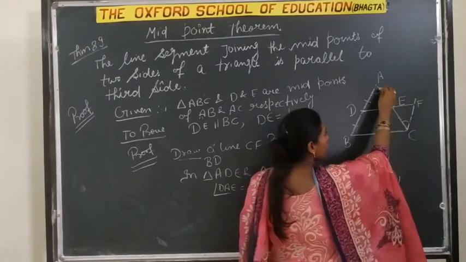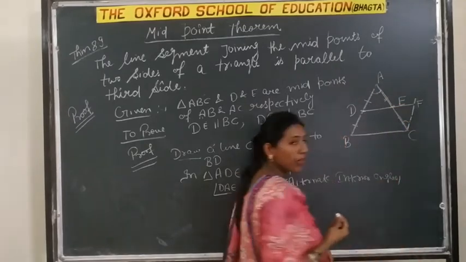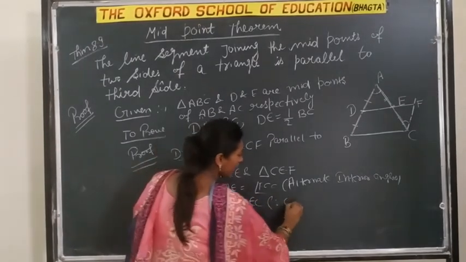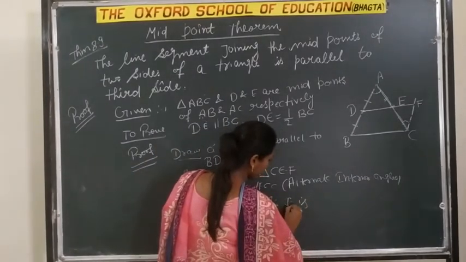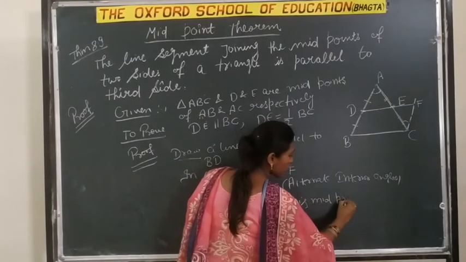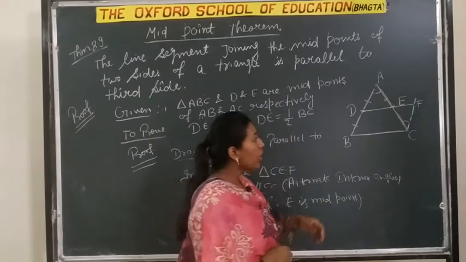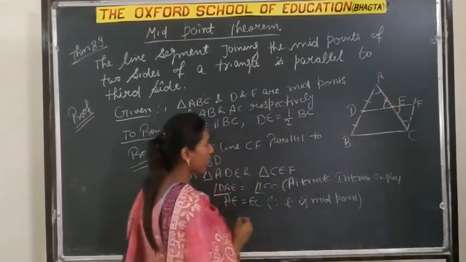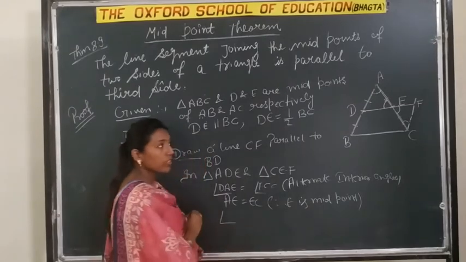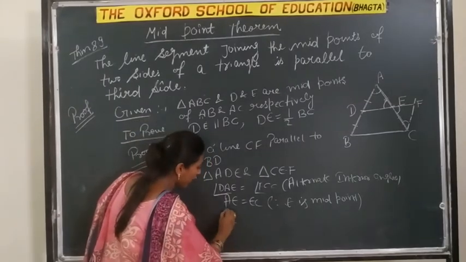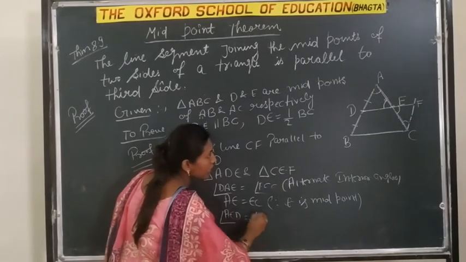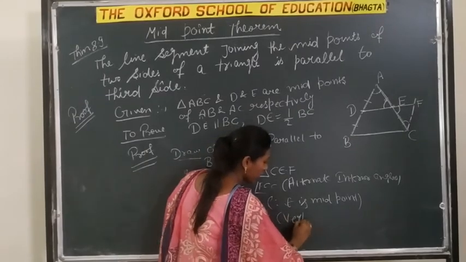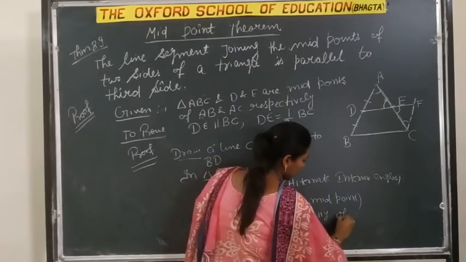Next, this side is equal to this side because E is the midpoint. So AE equals EC, reason: E is the midpoint. So we get two things equal. The third thing is that this angle is equal to this angle because both are vertically opposite angles. So angle AED is equal to angle CEF, vertically opposite angles.